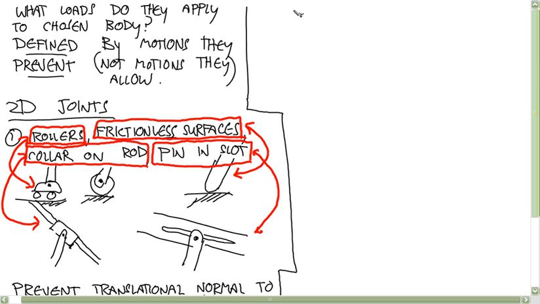Okay, the next type is an object connected to another object by a cable or a link. So for a cable, you could have something like that. For a link, it could be the same thing.